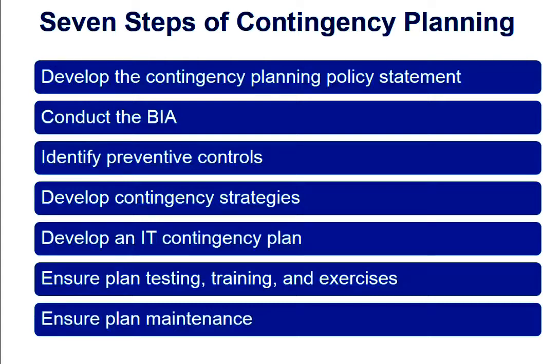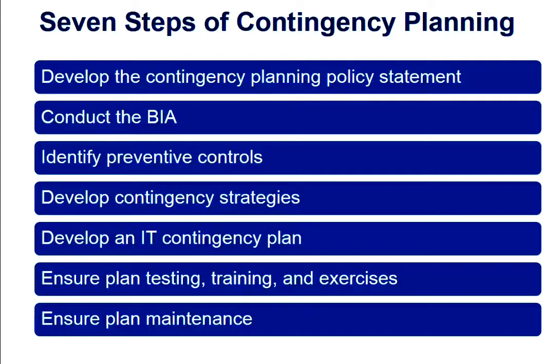Number 5, develop an information systems contingency plan. And number 6, ensure plan testing, training, and exercises. In other words, once you develop all of this, you need to test it, train people with it, and run live exercises with it. And number 7, ensure plan maintenance.